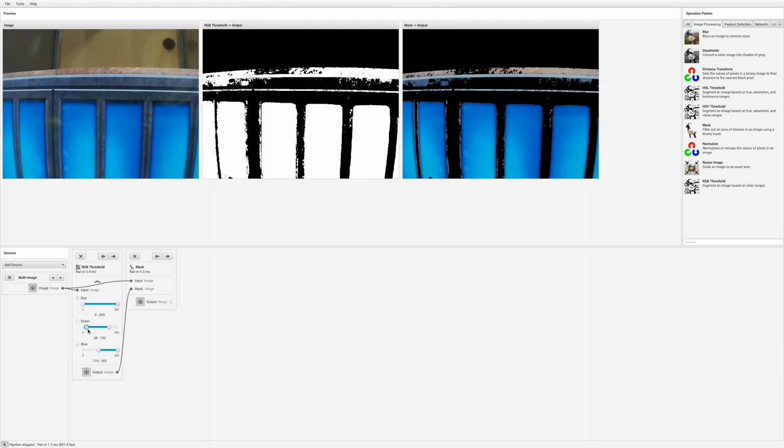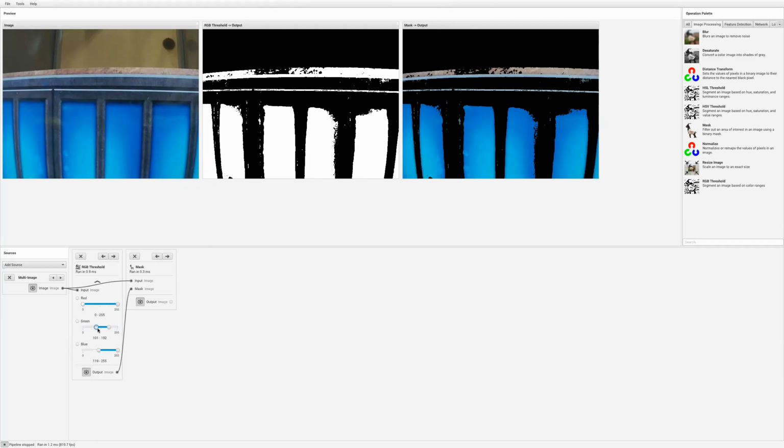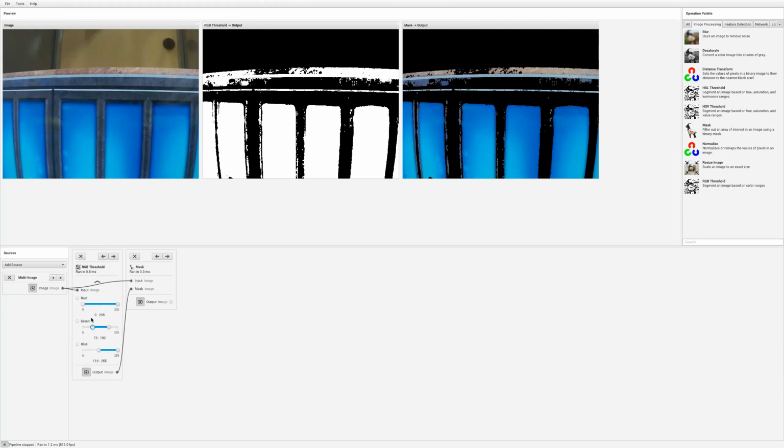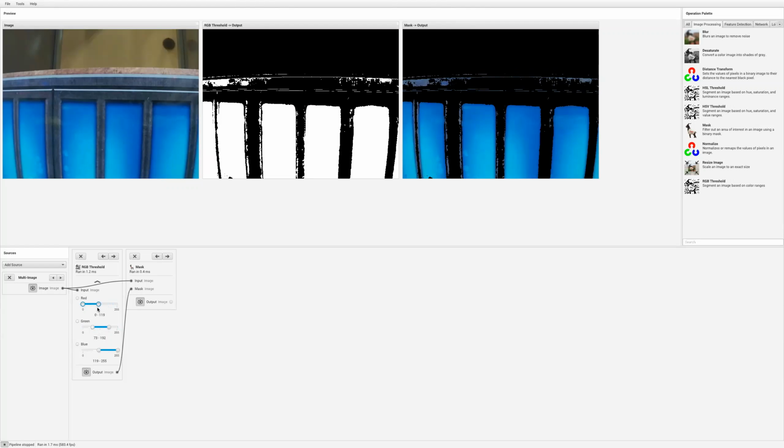We try to reduce here as well. I'm a little bit nervous on this part, but we will give that a shot. And we're going to try to reduce the reds as well. And we seem to be doing a pretty good job here. We're seeing little bits of regions here that are blue that aren't actually matching our target. We can try to handle that in a later post-processing step. But you can see we're doing a pretty good job here.